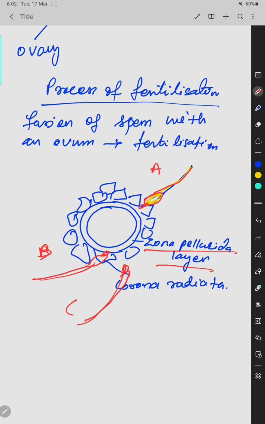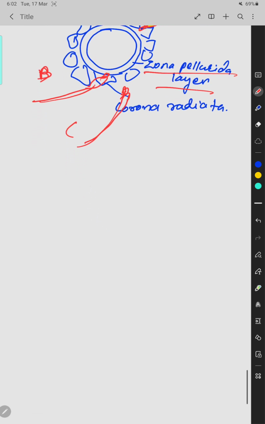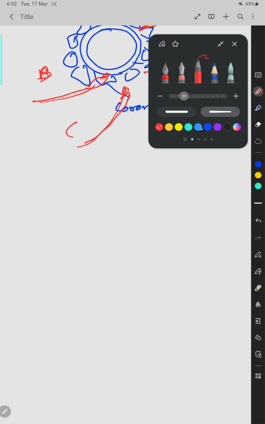Now when the sperm comes in contact with the zona pellucida, it induces certain changes in the membrane. Let me give you a schematic presentation.